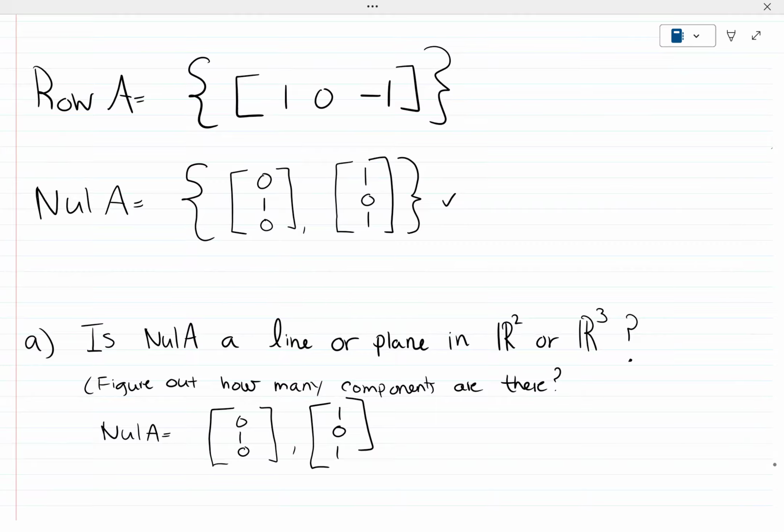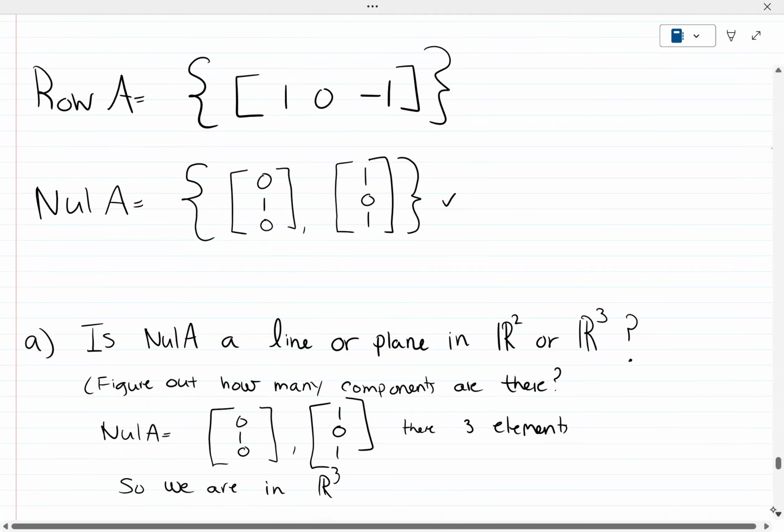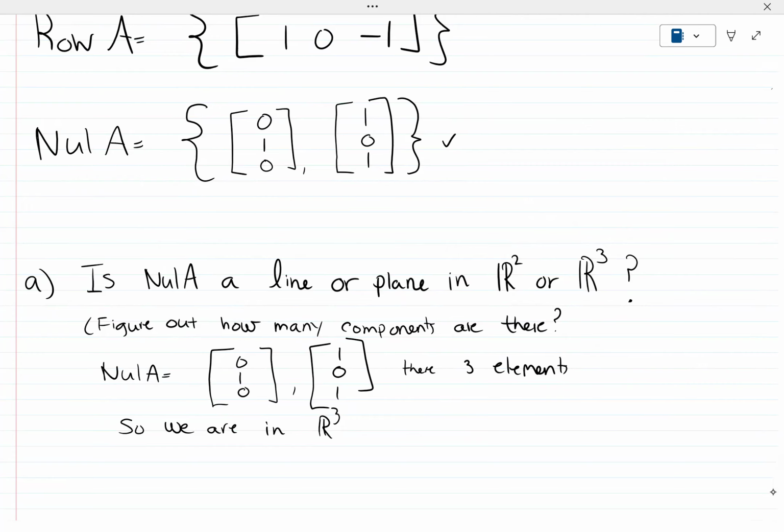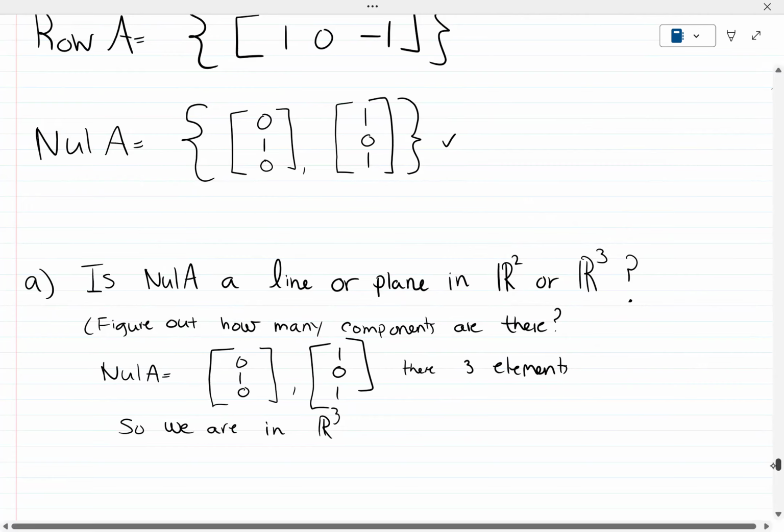Three elements, so we are in R3, 3D. So that was question A. Basically, you count how many components you have. We have three. So we are in 3D, 3 space.